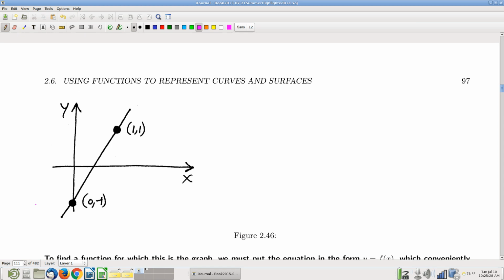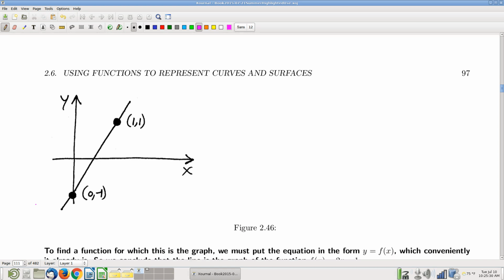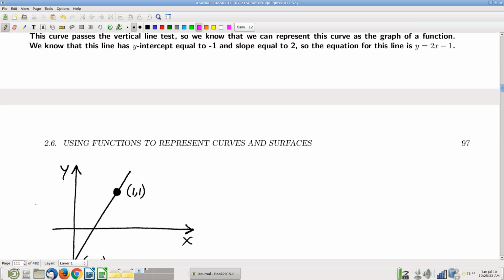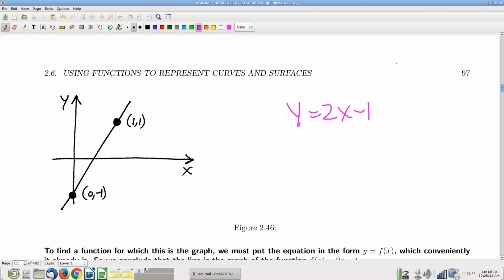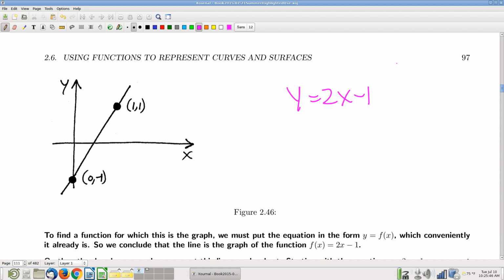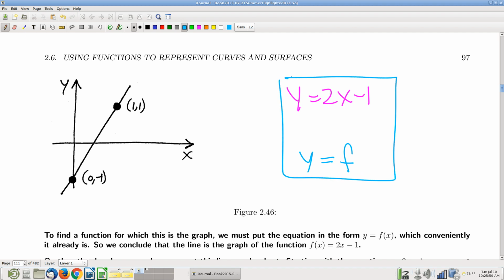Now the equation of the line is pretty easy to write down. Let's see, where did I do that? Yeah, here we go. y equals 2x minus 1. So there's the equation. The equation is not a function. So, question, what is this a graph of? Well, I'm looking for some function that when I set it equal to y, gives me that equation.